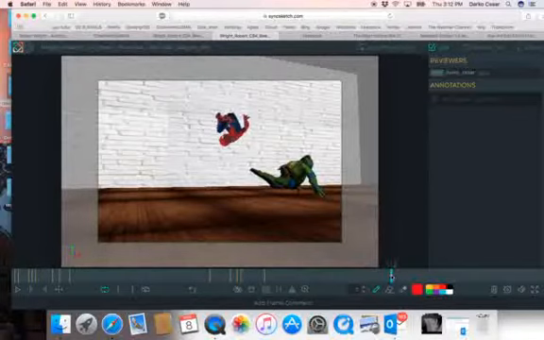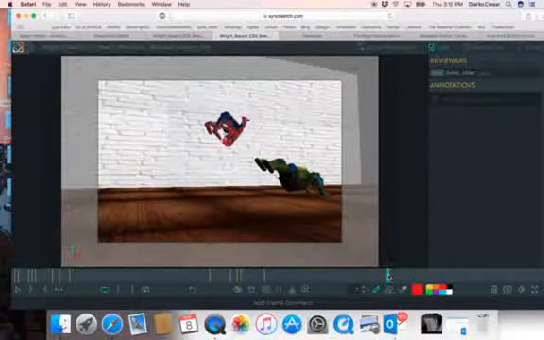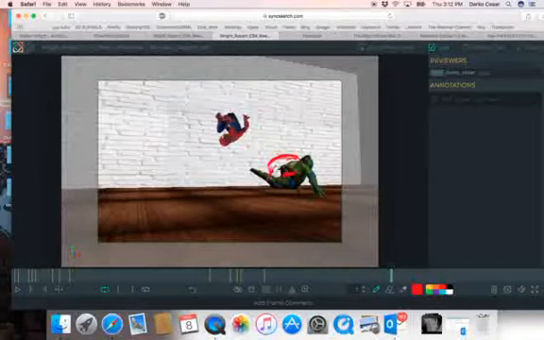What you were supposed to have between this and that was one pose here that would be defining the arc. So that would be the highest point.